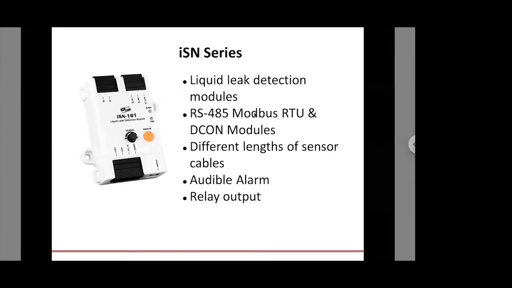But these speak over RS-485 with Modbus RTU and DeviceNet, they come with different lengths of sensor cables, and the sensor cable is just what it sounds like. It's a long cable, and if it detects moisture, it shuts off the current, or that interrupts the current, which trips the module, which you can then send that data back to the control center, or you can trip the alarm through the relay output.